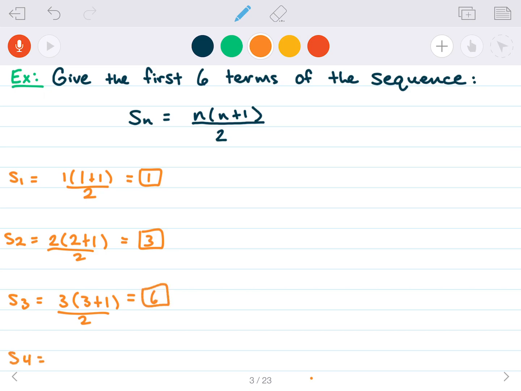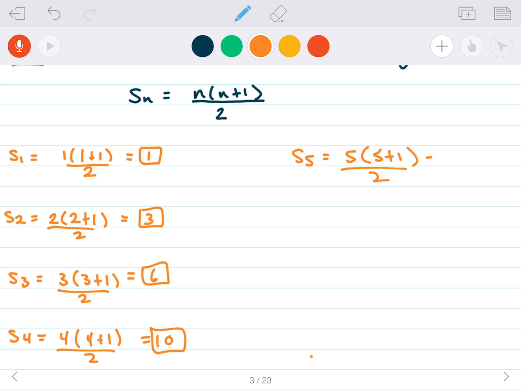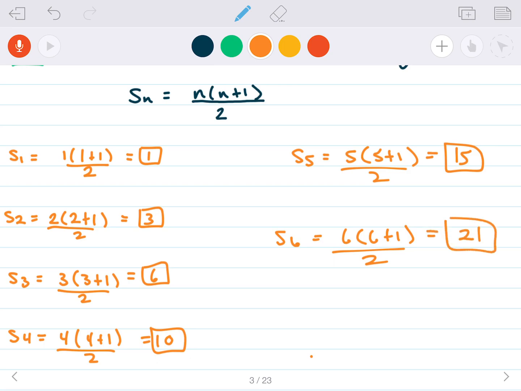S sub 4 is 4 times 4 plus 1 over 2, and that's going to give us 10. So these are our first 6 terms in our sequence: 1, 3, 6, 10, 15, and 21.